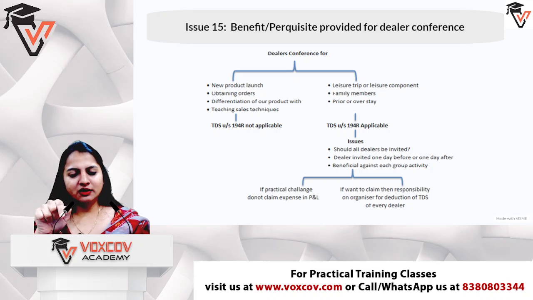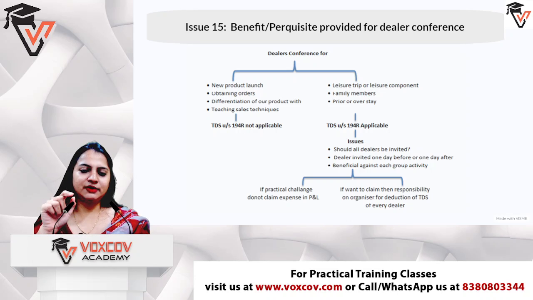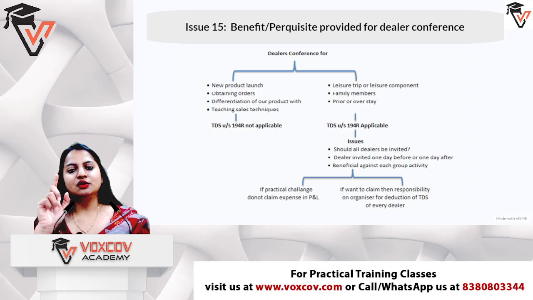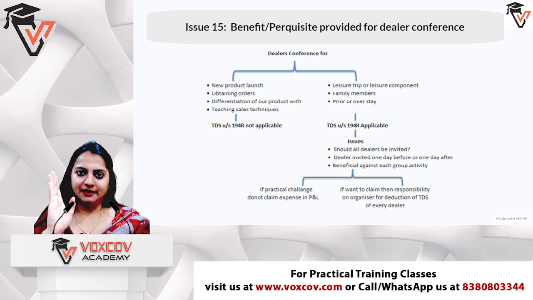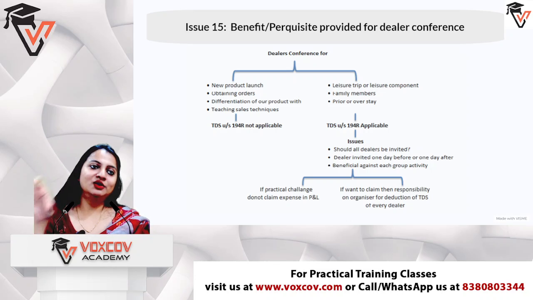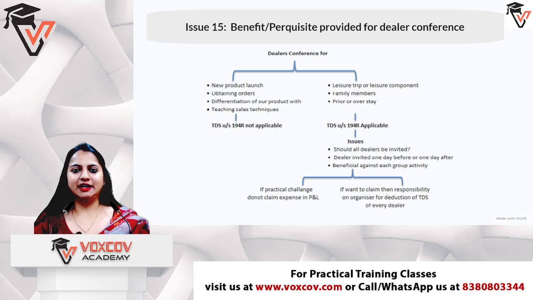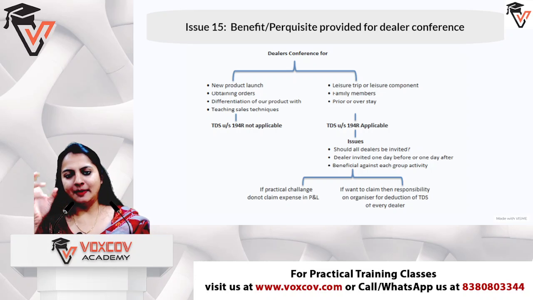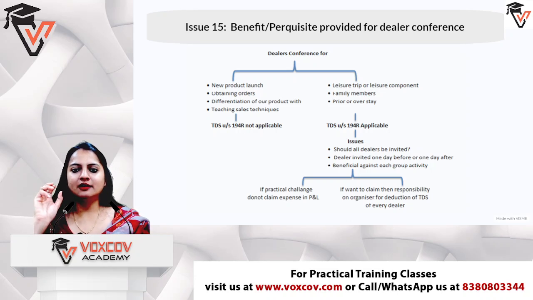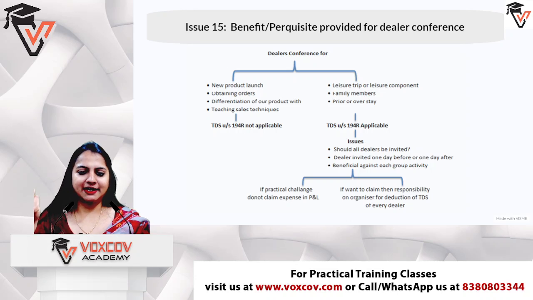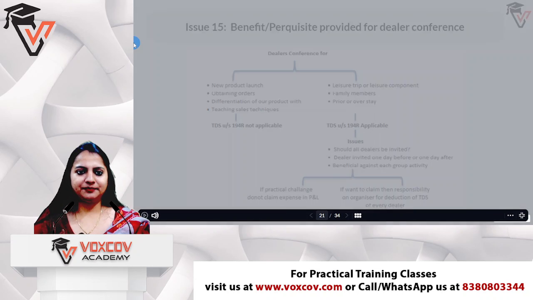But if you want to claim, then it is the responsibility of the organizer or the company. You have to deduct for every dealer. So you need to collect that PAN, and you need to apportion the expense accordingly. If that component is quite a good amount of expense, then this activity needs to be done and it will be taxed under 194R.